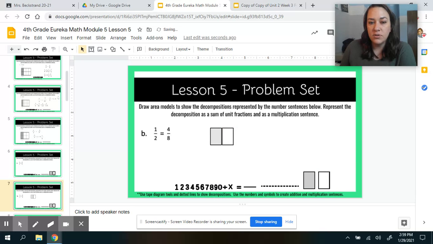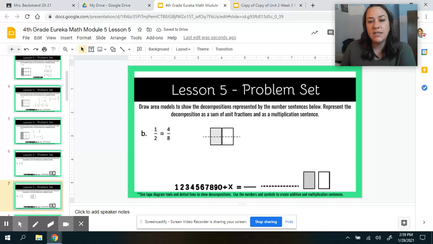And if I were to decompose that with my horizontal line, now I have... that doesn't make sense.